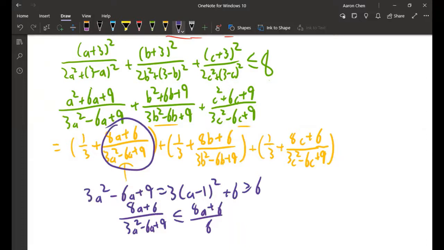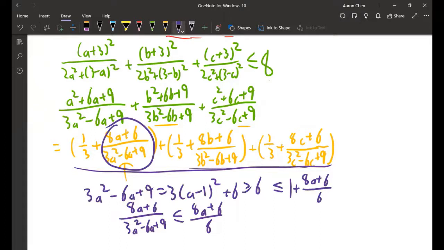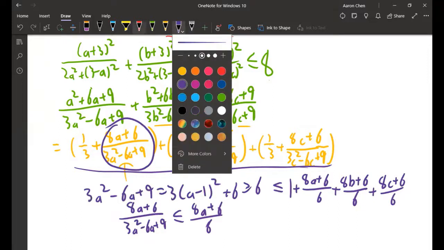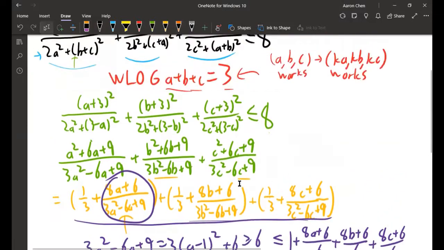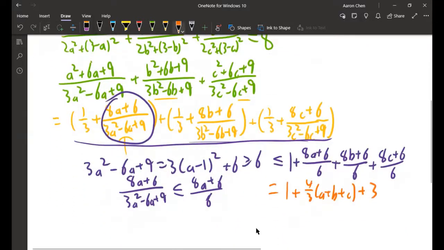So this expression is less than or equal to 1 plus (8a plus 6)/6 plus (8b plus 6)/6 plus (8c plus 6)/6, which equals 1 plus 4/3 times (a plus b plus c) plus 3. Since we assumed a plus b plus c equals 3, this is equal to 1 plus 4 plus 3, or 8.